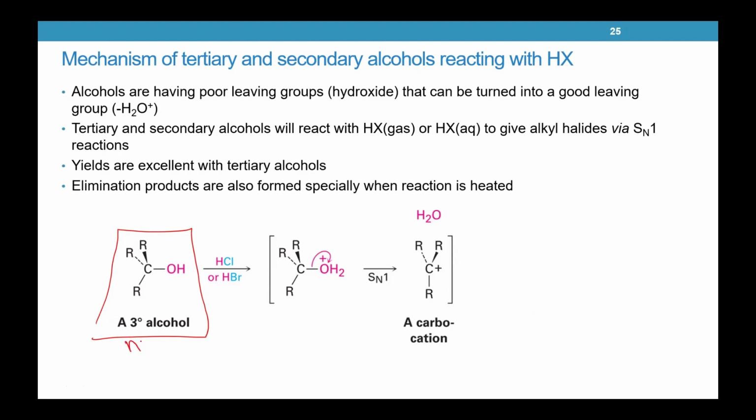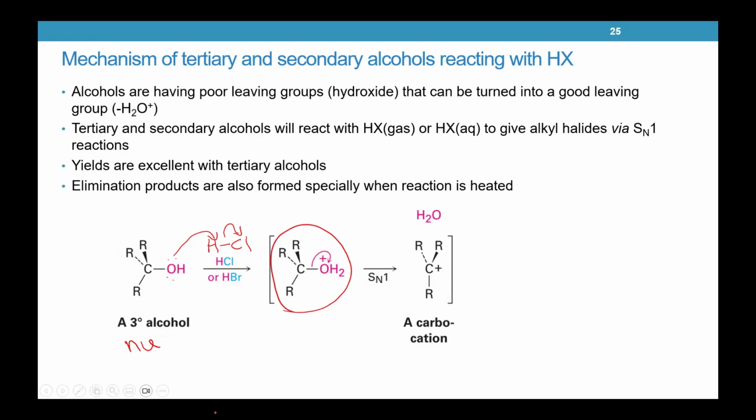So our alcohol is going to react with our HCl or HBr to generate this reactive intermediate. The water is now ready to leave, where the OH was not a good leaving group, forming a carbocation.